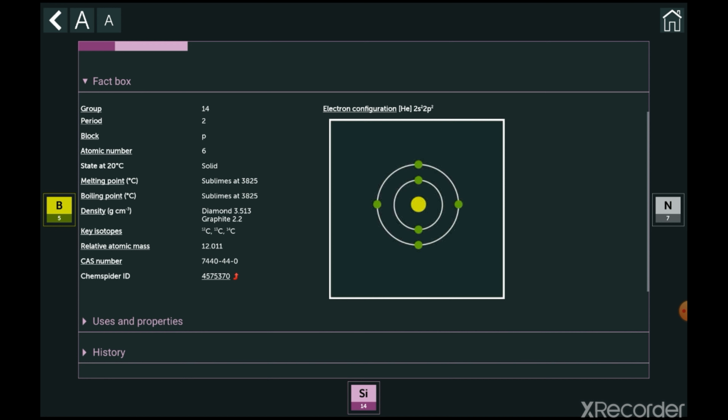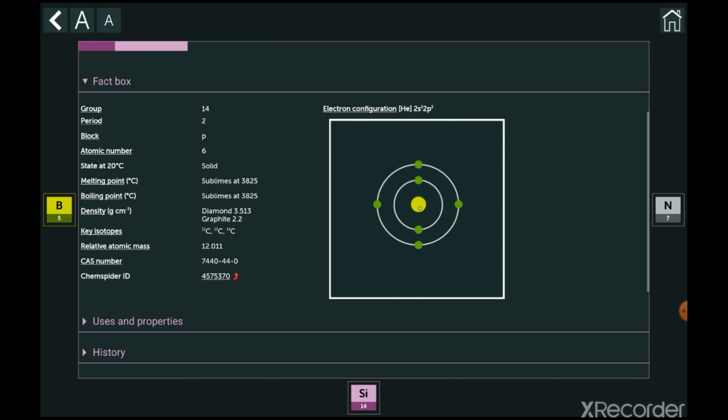This is just a schematic diagram to get you thinking in that direction, but it's actually much more complicated than this. You can see that you have 1, 2, 3, 4, 5, 6 electrons, and in the outer shell you only have 1, 2, 3, 4 electrons, which are known as your valence electrons. That's the electrons that normally partake in a reaction, but we're going to discuss that in more detail. So you have 6 electrons.